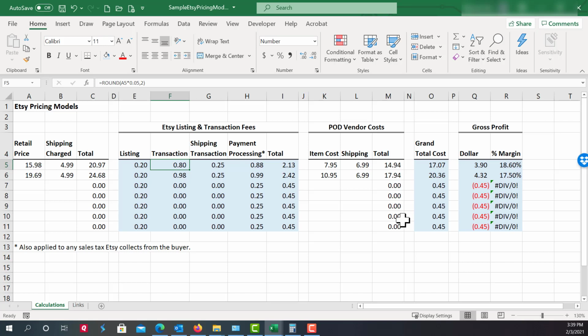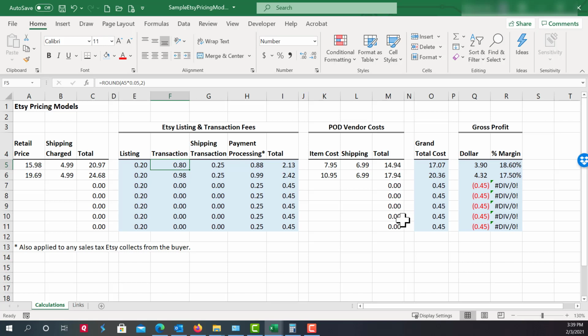So the transaction fee is 5%, and that is basically on your retail price. If you were a shop where you were able to offer gift wrap and charged for it, they would also include the gift wrap fee in the transaction. But with print on demand, it's simply the cost of the item that you're charging.